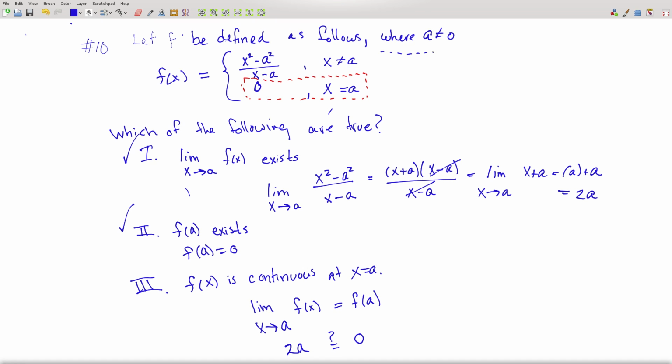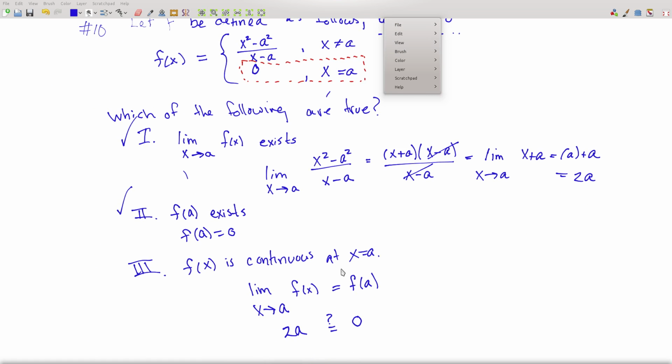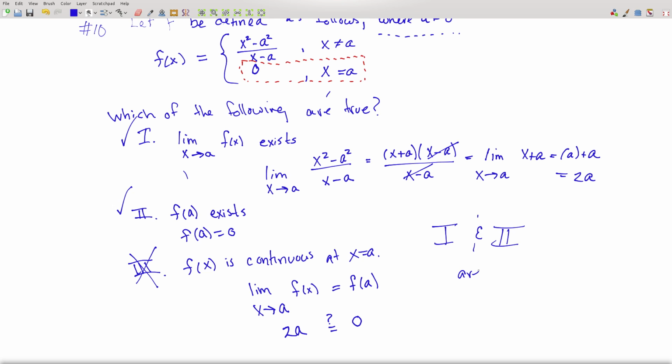They told us that a does not equal 0. That was a nice and important thing for them to tell us. So this lets us reject this as a possibility. Since a does not equal 0, there's no way for 2a to equal 0. So this is not true. And the best answer to this question is to say that 1 and 2 are true.